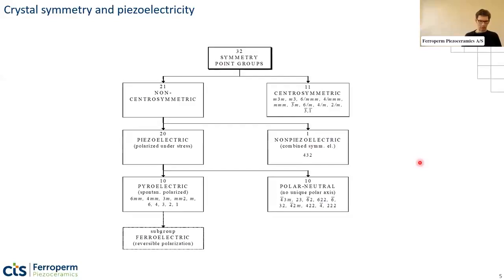After this little demo, I'll tell about the background of what we saw. So piezoelectricity is related to symmetry. If there is a symmetric structure, there will be no piezoelectricity. In short, symmetry is described in crystallography by different point groups.